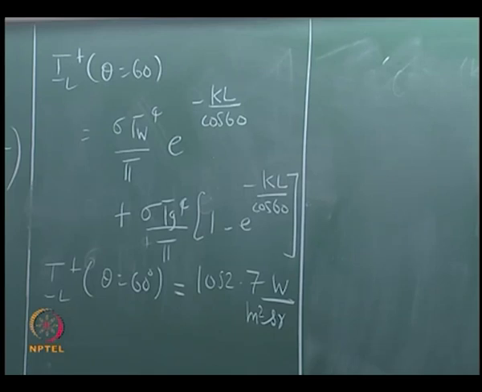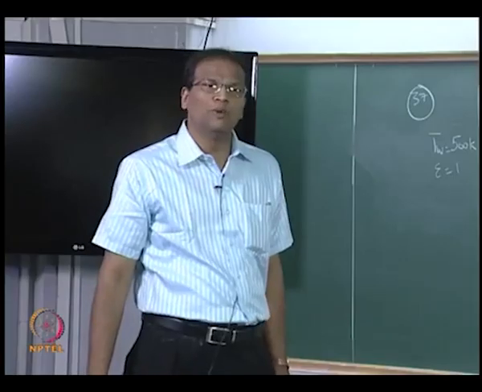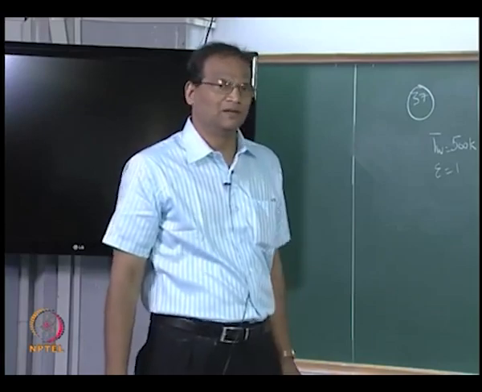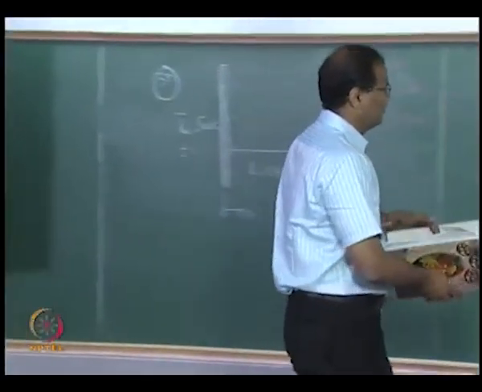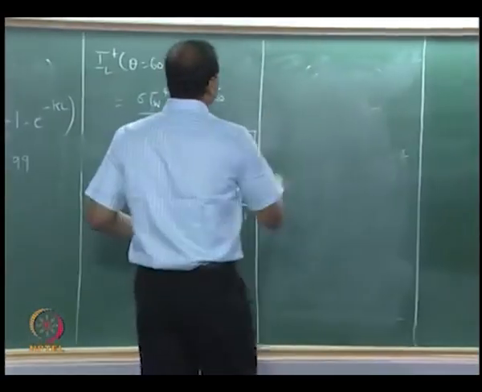Fine. So this answers the first part of the question. What is the intensity at x equal to 0.4 meter for the two paths, straight path and the slant path? Now coming to the third part of the question, what is the QL?